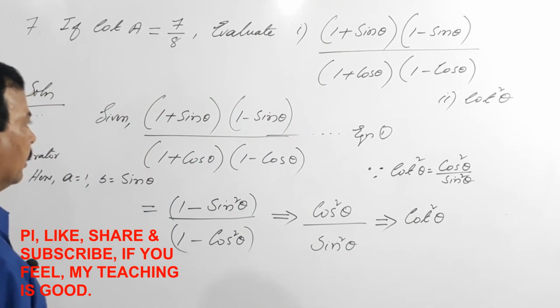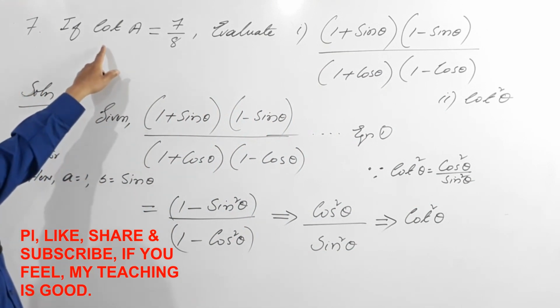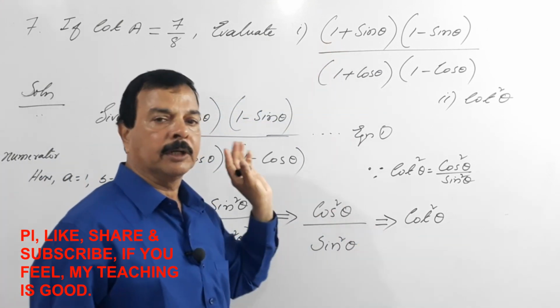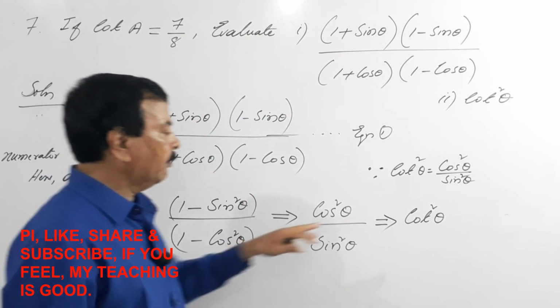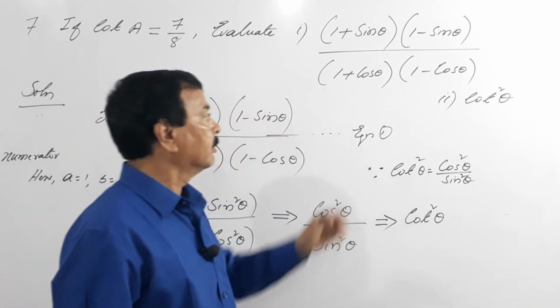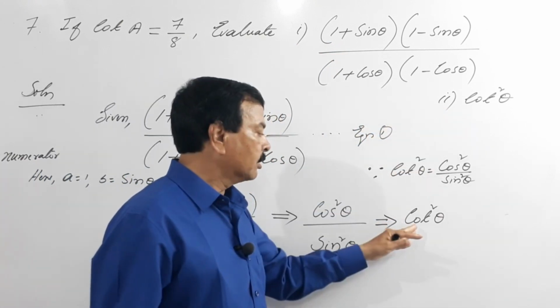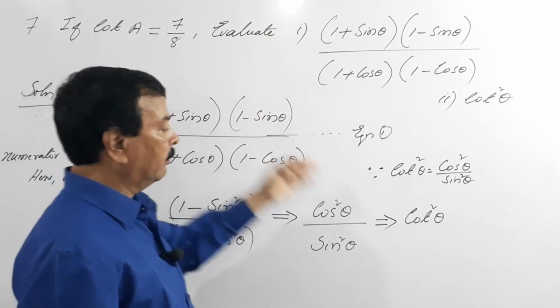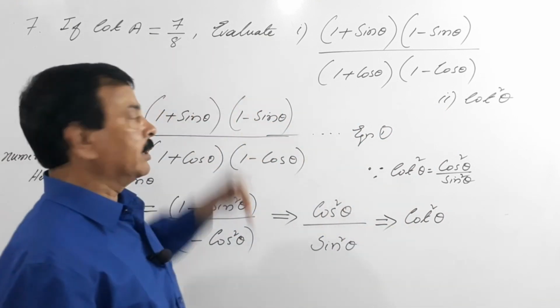So make a note. Now he has given you cot A, isn't it? So the entire left hand term has become cot square theta. So you have to find the value of cot square theta. It answers this also. So what is cot square theta? It is nothing but the given ratio, so square both sides.